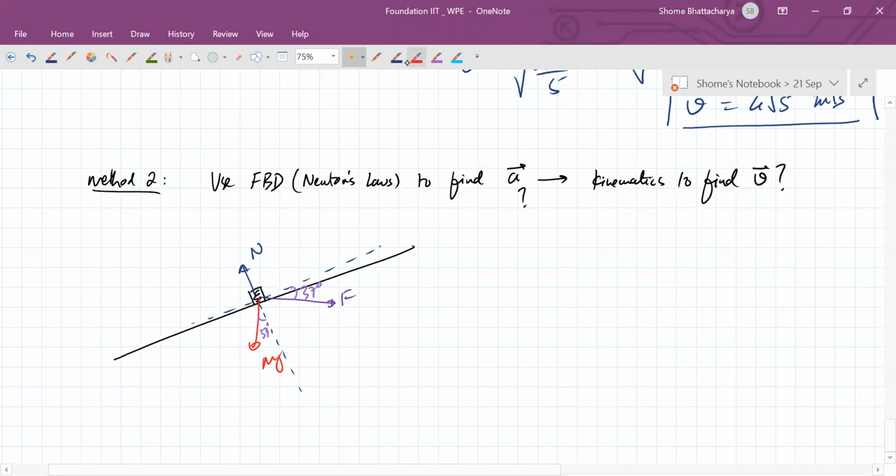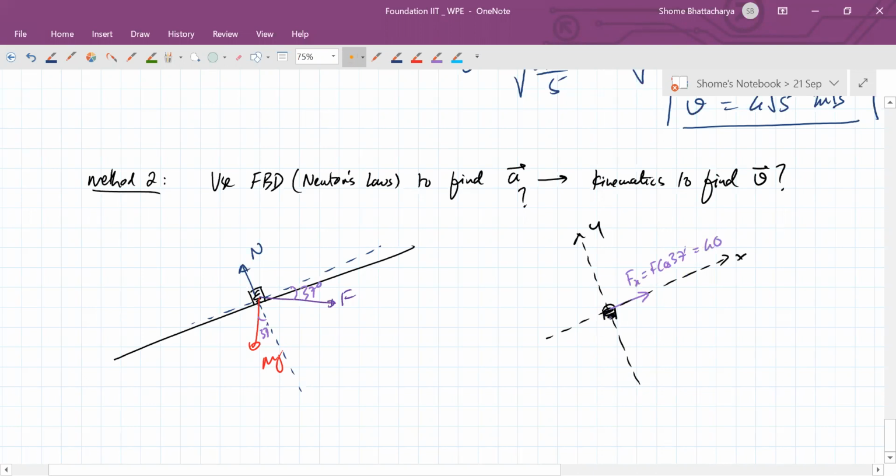So resolve the forces along your x and y axis. Take the inclined plane as your x axis, and the perpendicular to the inclined plane as your y axis. On resolving the forces, you will get one component of F like this, which will be F cos 37. That was working out to be 40 newtons. We've done this before.